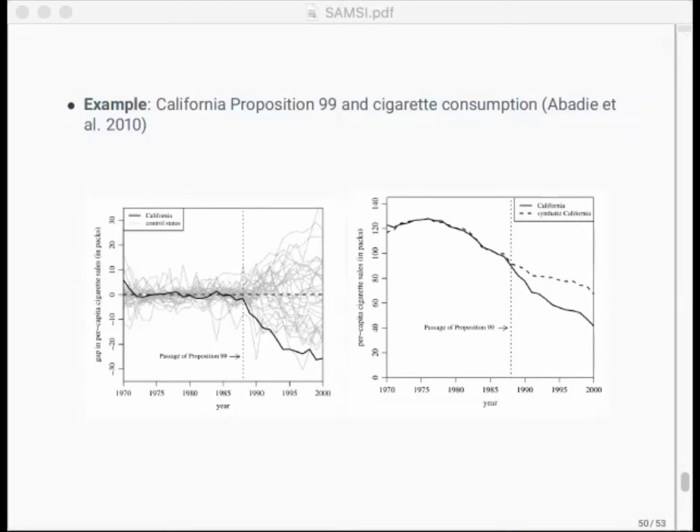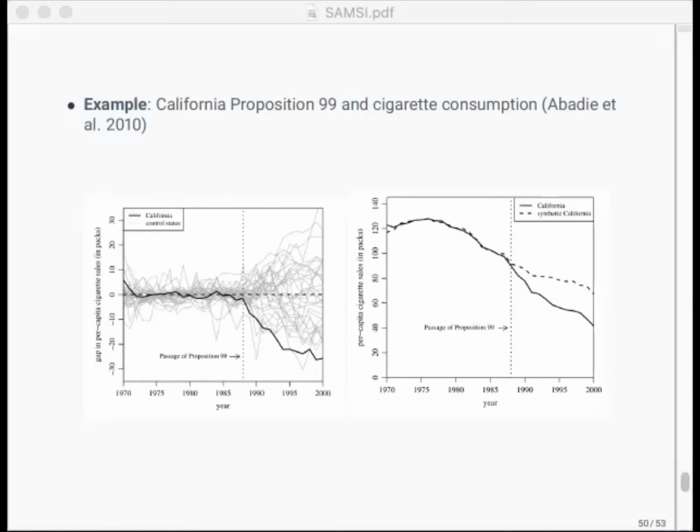In the right-hand panel, you can see the synthetic control that Abadie et al. created as a weighted average of these, I believe it's 35 control states. And this weighted average perfectly captures the trajectory of tobacco consumption in California before the passage of Proposition 99.